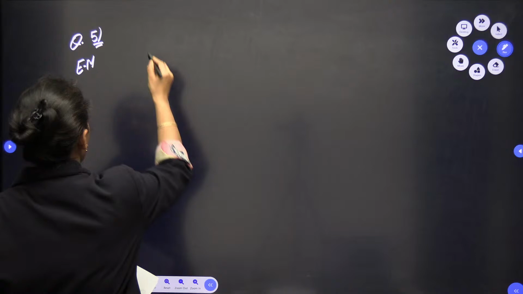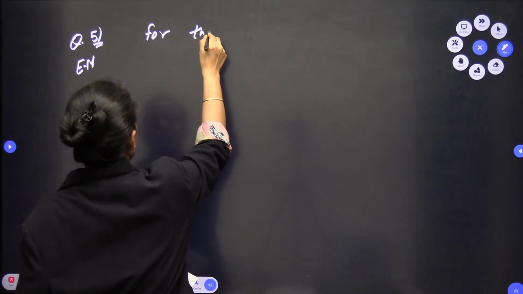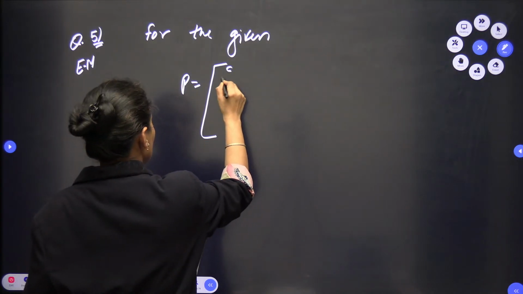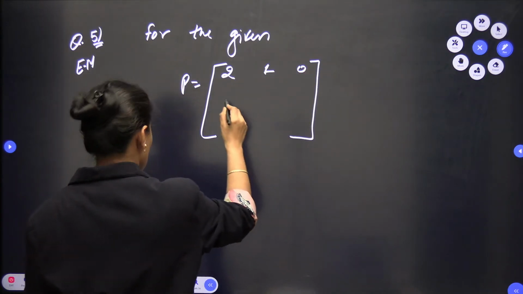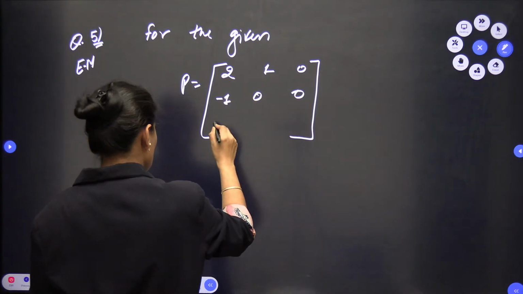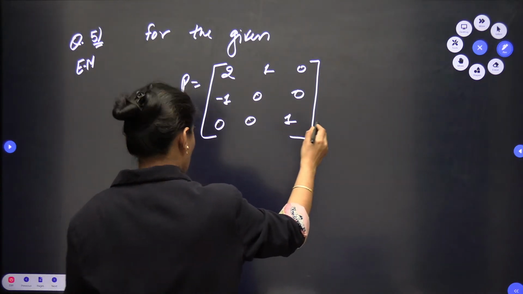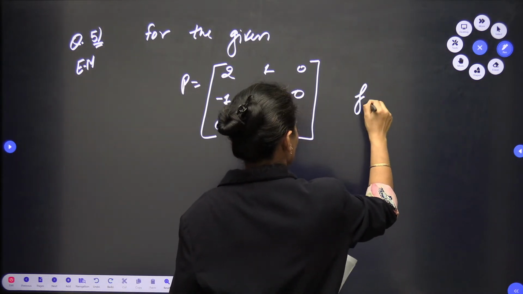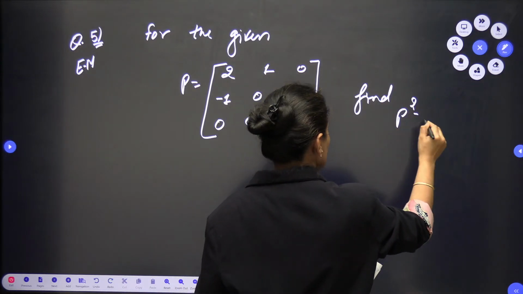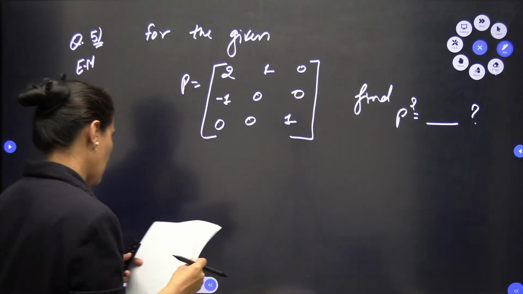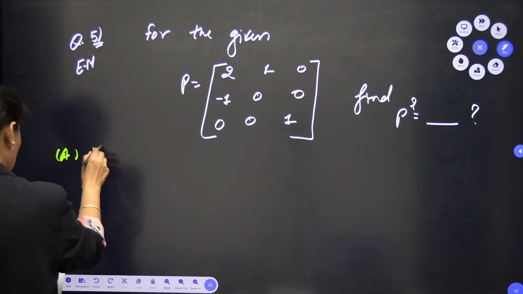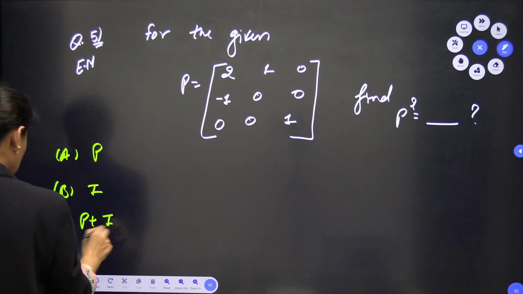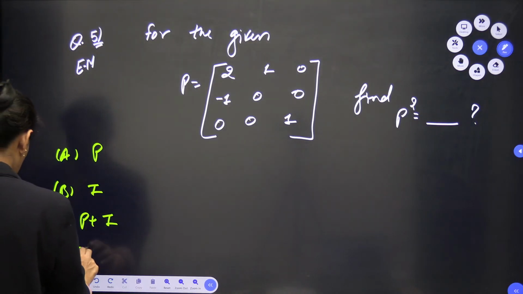This is talking about, for the given matrix P, which is [2 1 0; minus 1 0 0; 0 0 1], find the value of P square. I think some options are available for us: P, identity, P plus identity, and 2P minus identity.